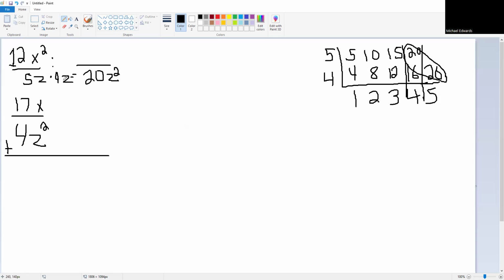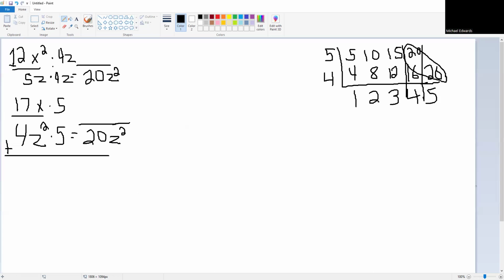Now, why add the z? I added it because I know this is a squared. I need to meet what this one says. This one is just the 5. So this one equals 20z squared. And we do the same thing to the top that we did to the bottom for both of these.